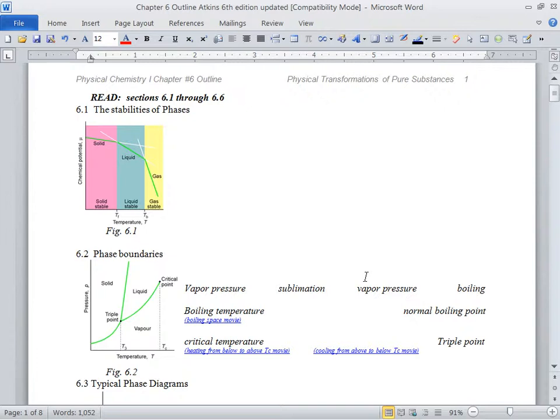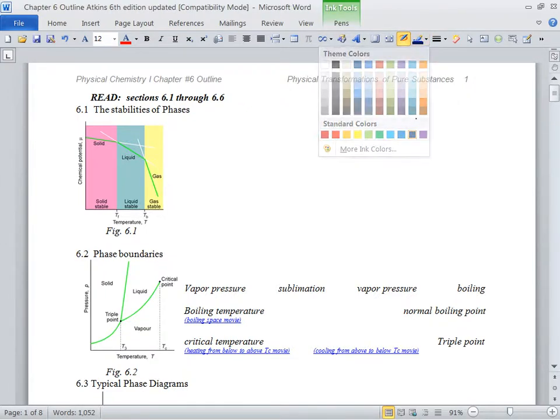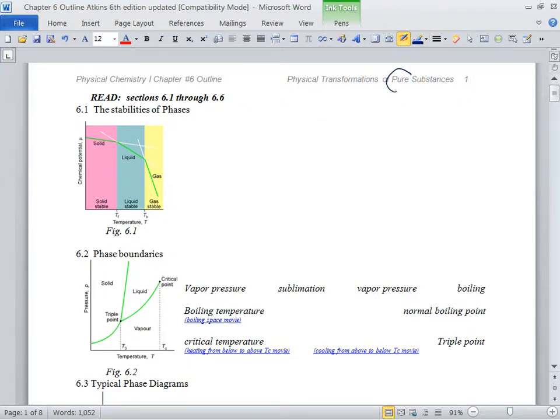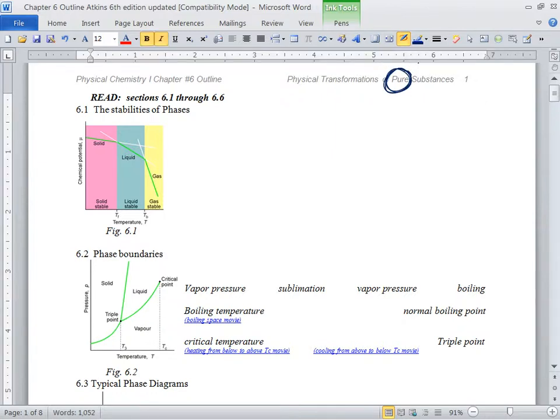So the first concept I want to get across is right here, pure substances. Because you're in lab, you're messing with the Abbey refractometer. And Jeff, you mixed what and what with the Abbey refractometer? Ethyl acetate and cyclohexane.